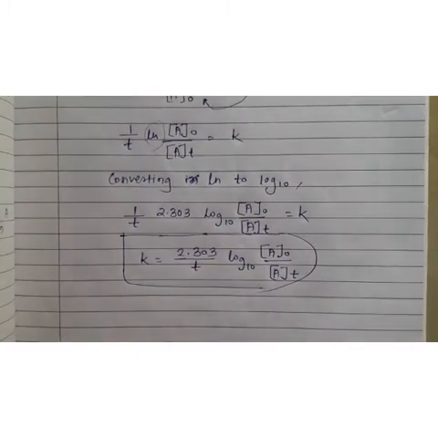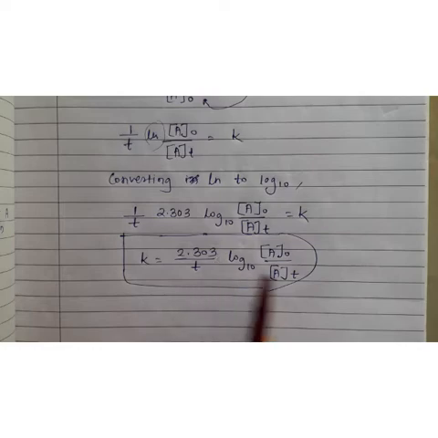Now we have to write the units of rate constant. K is the rate constant. By using this integrated rate law for a first order reaction, we have to find the units of rate constant. Here 2.303 is a number.